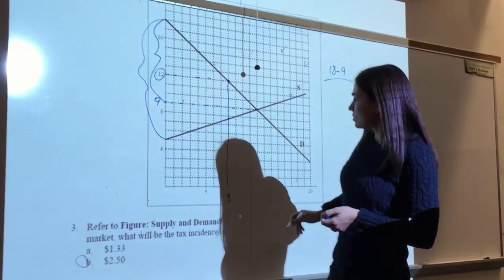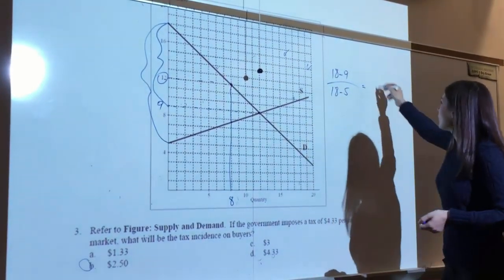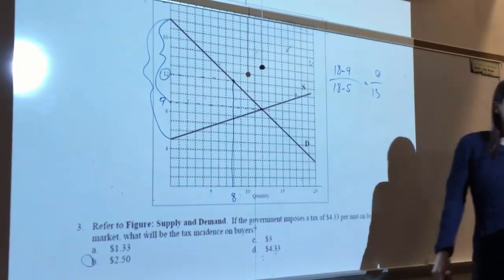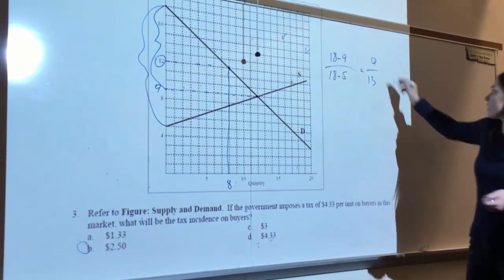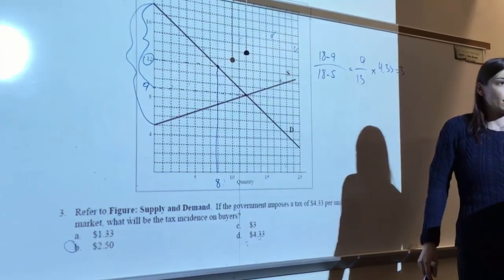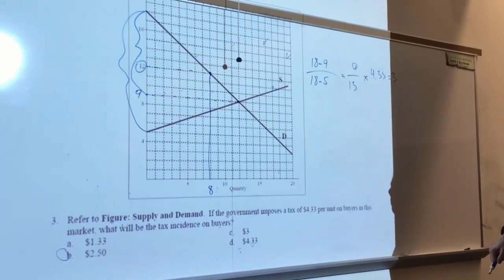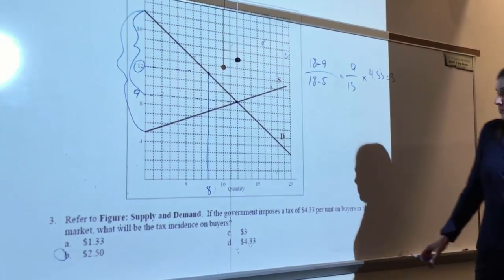This is 18, this is 5. So they end up paying 9/13 of the tax, and then you can multiply that by 4.33, and you will find it's 3 again. Am I right? I think so. Okay.